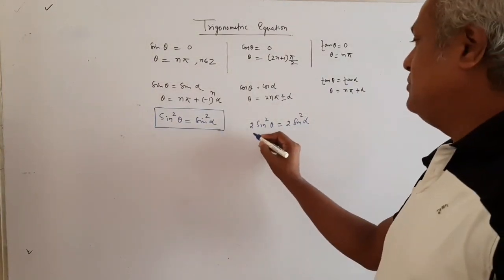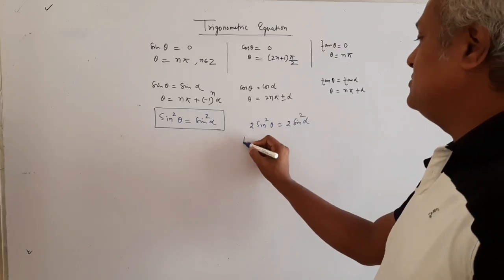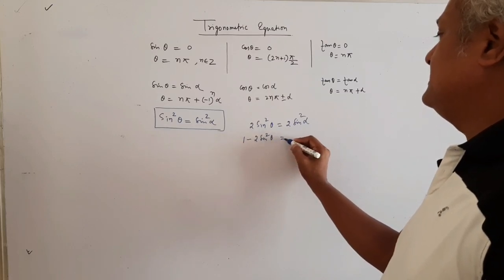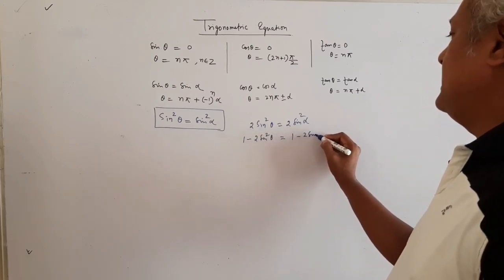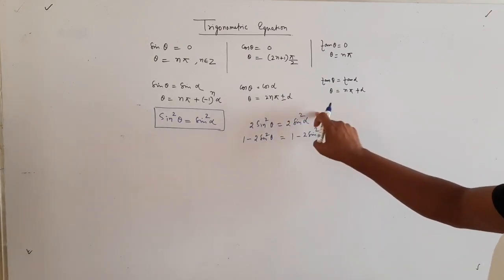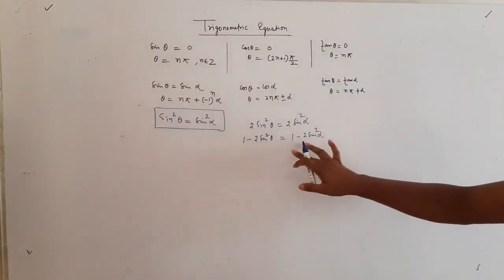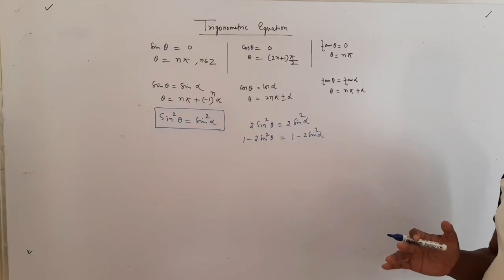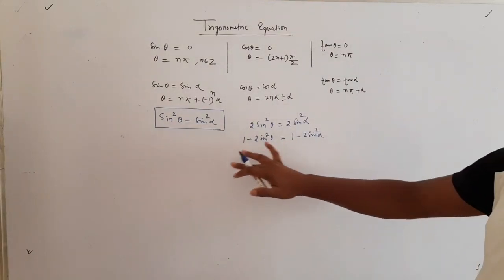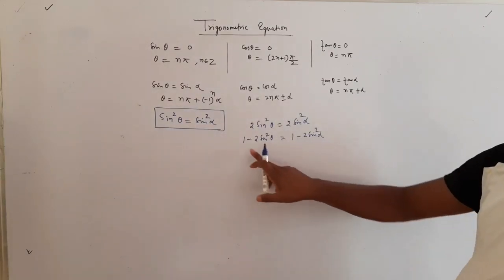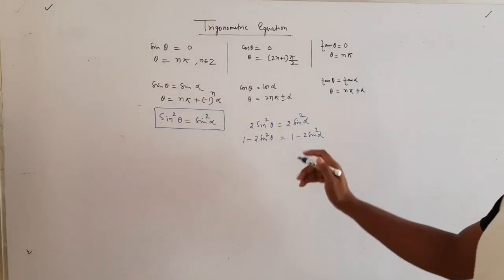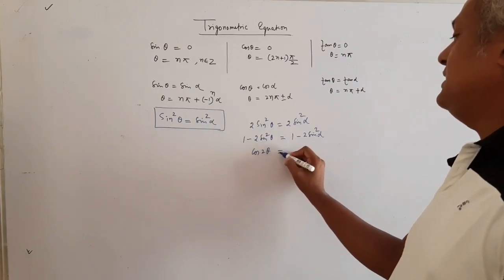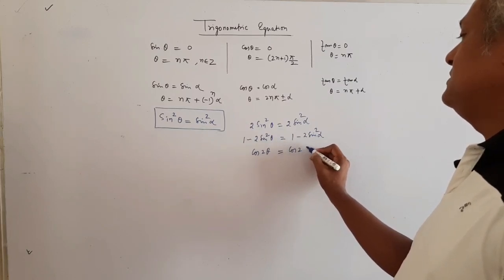Now if I subtract both these terms from 1, since they are equal, 1 minus 2 sin square theta is the same as 1 minus 2 sin square alpha, because if these two terms are the same, then the remainder after subtracting 2 sin square theta and 2 sin square alpha from 1 will also remain the same. Now just look at this relation, you can find it is nothing but the formula for cos 2 theta. So we get cos 2 theta, and that is cos 2 alpha.